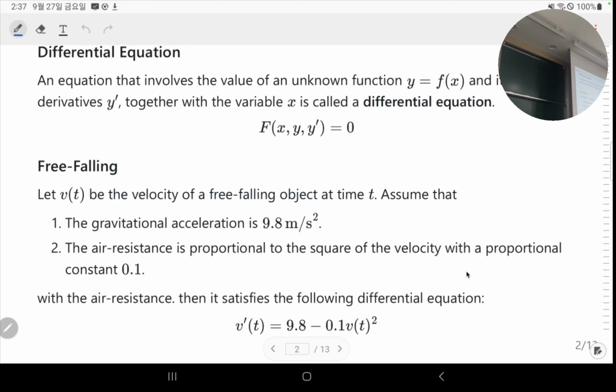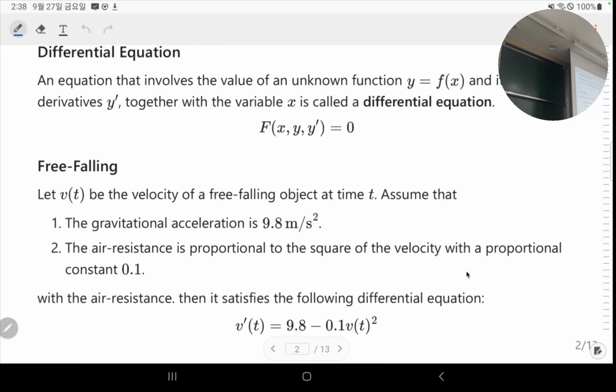There is a drag force, and a falling object usually has a high speed, and the usual rule of thumb is that if your speed is fast, then the drag force is proportional to the square of the velocity, and 0.1 is the proportional constant.